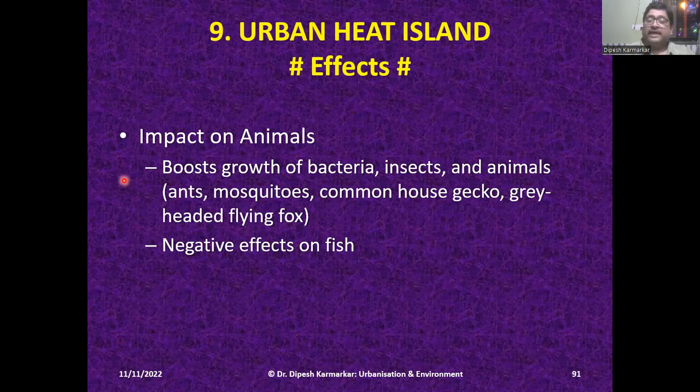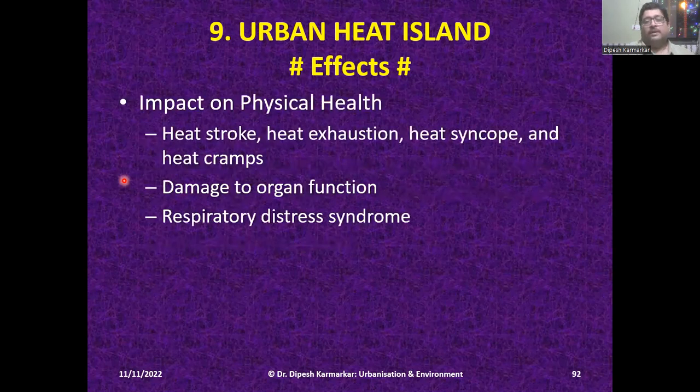And some of these animals may create problems. For example, pathogenic bacteria will lead to diseases. Mosquitoes, all of us know how they cause different kinds of fevers. So the higher the heat, the more the population of insects like mosquitoes, and obviously it will have more impact on the health of the residents.